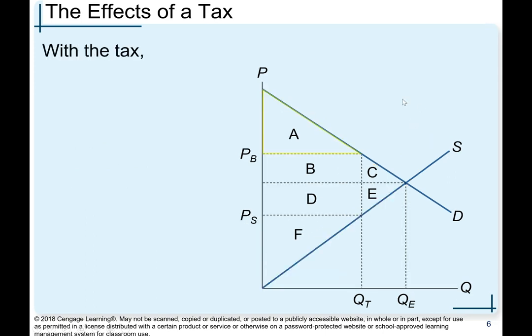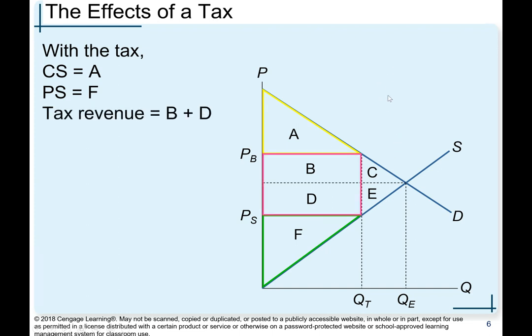With tax, consumer surplus shrinks to A. Producer surplus shrinks to F. And tax revenue is B and D. We said that the tax drives a wedge between consumers and producers, and you can see the tax revenue is right between consumer surplus and producer surplus.